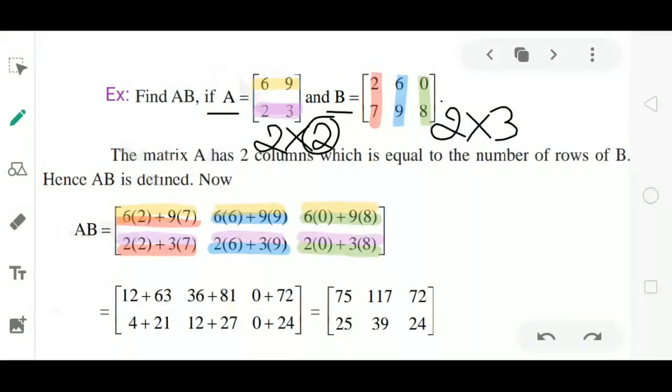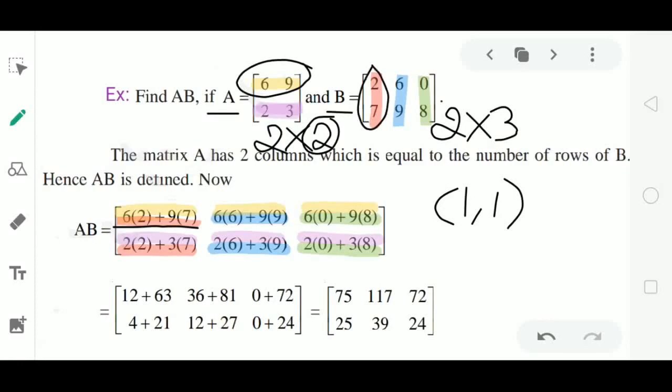To get first element of AB, that is element lying in first row, first column, we consider first row of matrix A and first column of matrix B, multiply them element wise, that is first element of first row of matrix A, 6, is multiplied with first element of first column of matrix B, 2, 6 into 2.